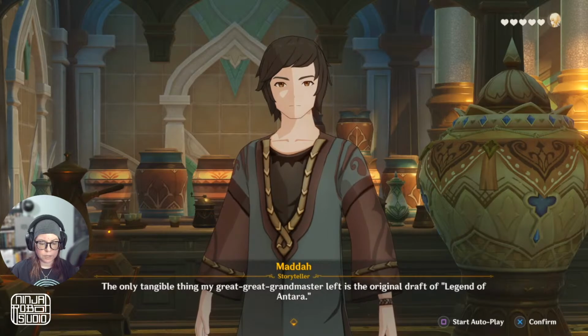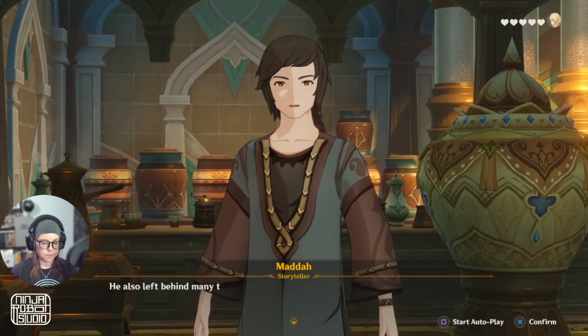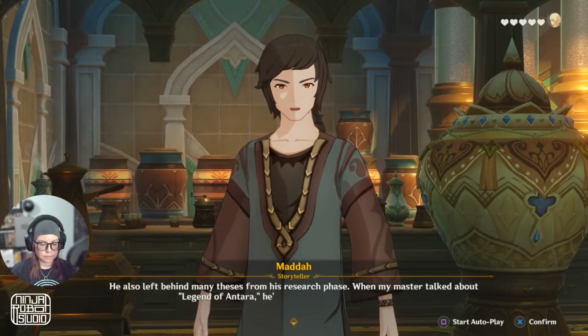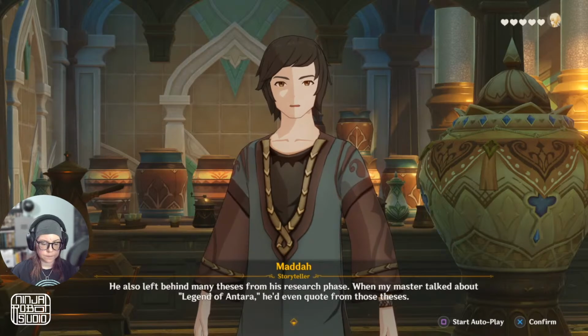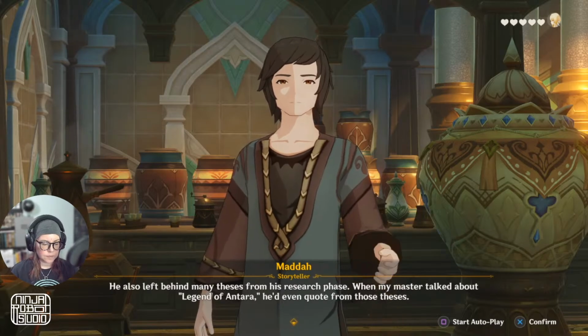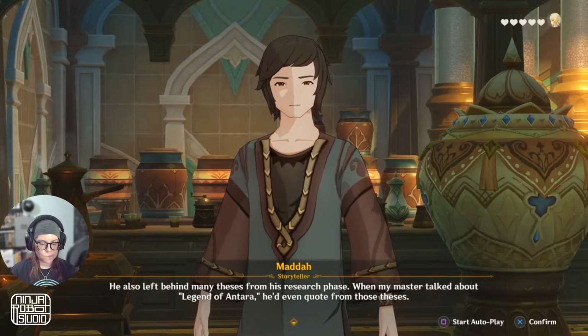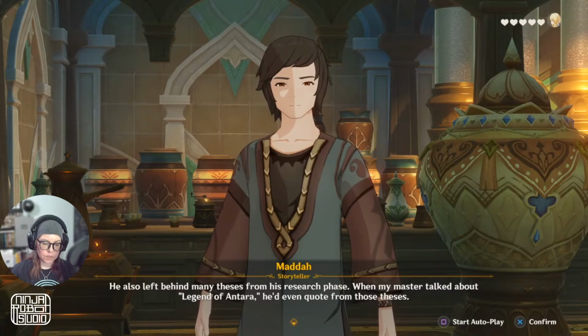The only tangible thing my great great grandmaster left is the original draft of Legend of Antara. He also left behind many theses from his research phase. When my master talked about Legend of Antara, he'd often quote from those theses.